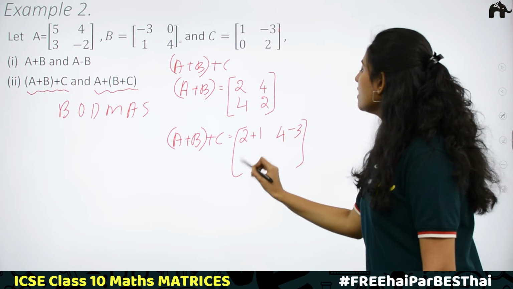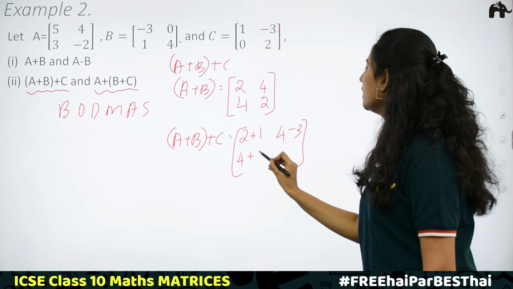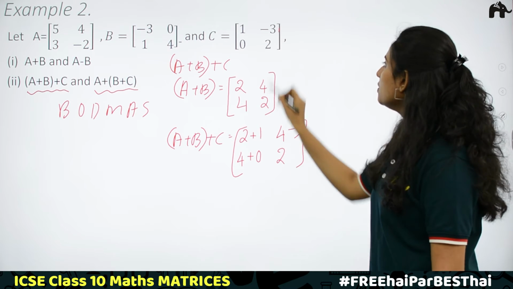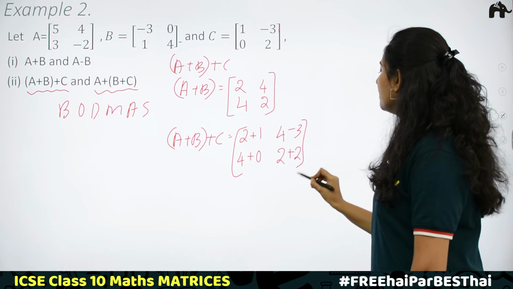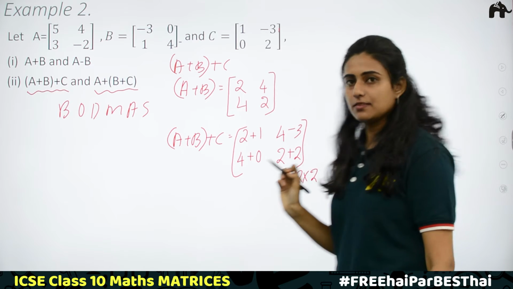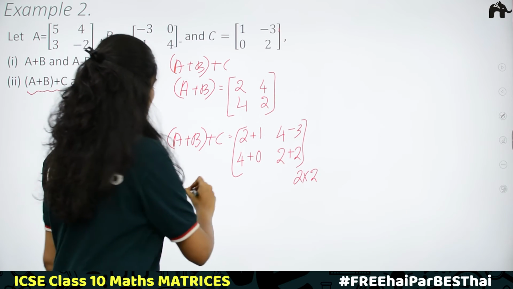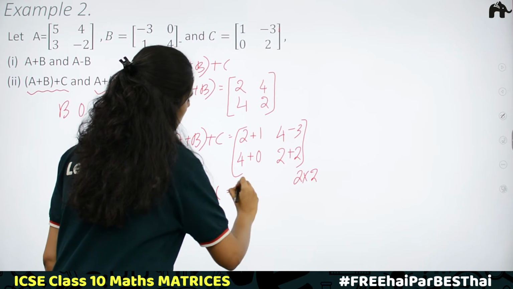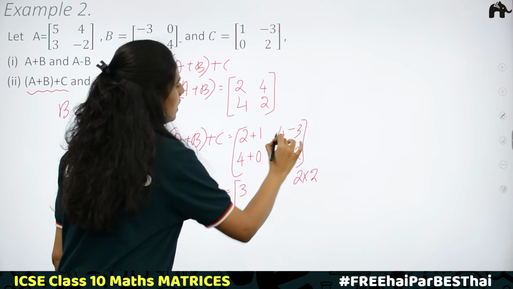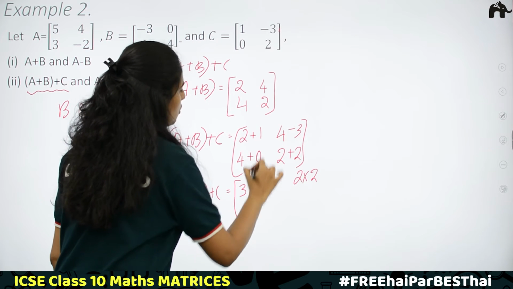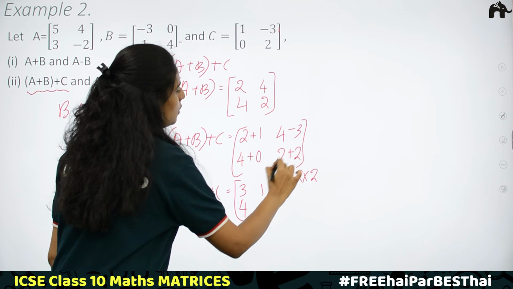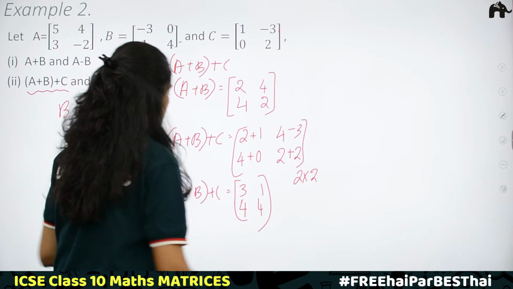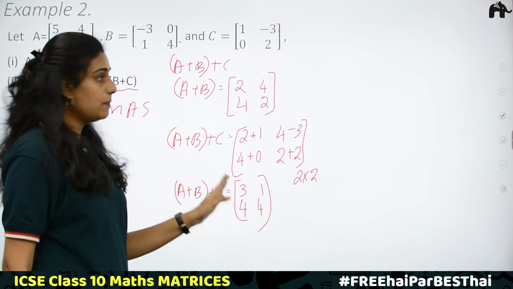Then 4 plus 0. Then 2 plus 2. We are getting a 2 by 2 matrix. The elements of (A plus B) plus C are 2 plus 1, 3, 4 minus 3, 1, 4 plus 0, 4, 2 plus 2, 4. These are the elements of (A plus B) plus C.